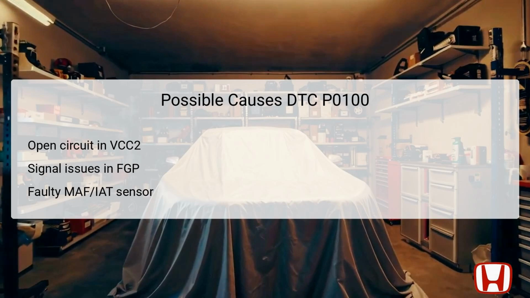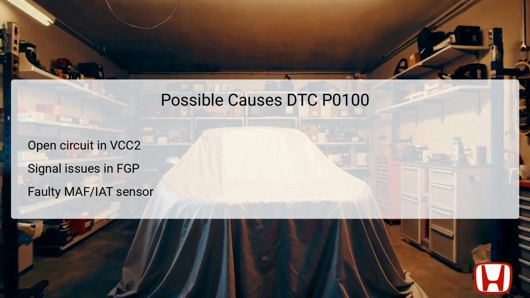An open circuit in VCC2, the power supply voltage circuit, can lead to insufficient voltage reaching the MAF sensor, causing it to malfunction. Next, signal issues in FGP, which denotes the frequency generator pulse sent from the MAF sensor to the PCM, could also signal a problem in communication between these components.